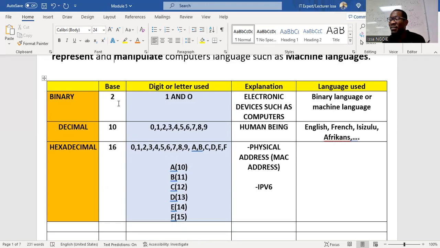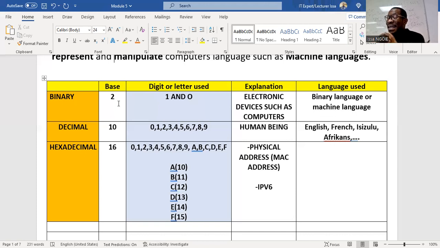It means whatever you are doing with your devices, whatever you are saving, can only be represented by using two numbers, 1 and 0. So when you are typing a long message, that message will be converted to thousands of 1s and 0s, right?